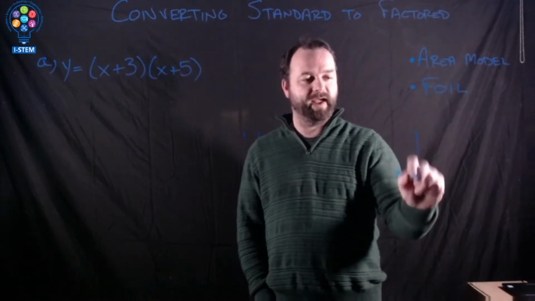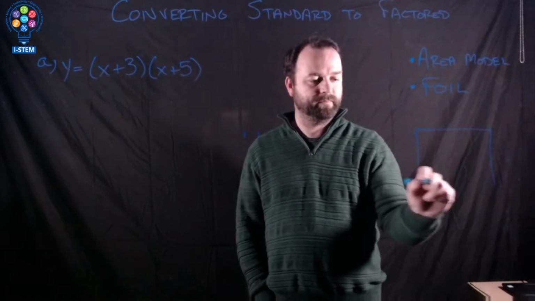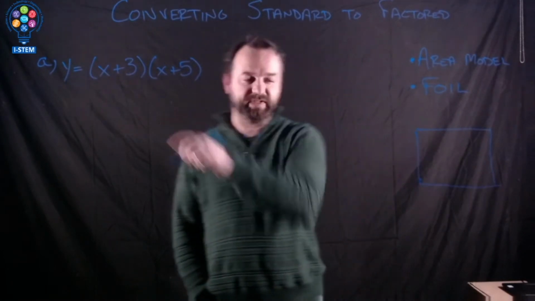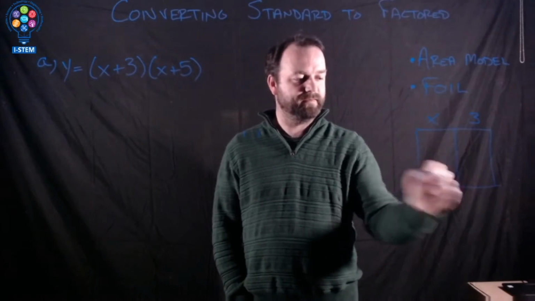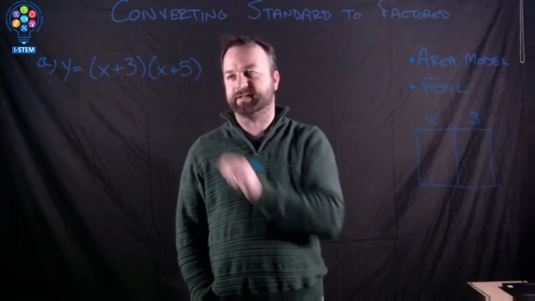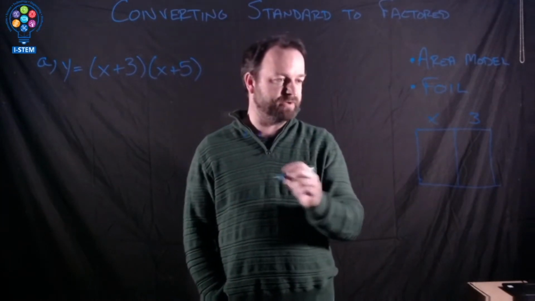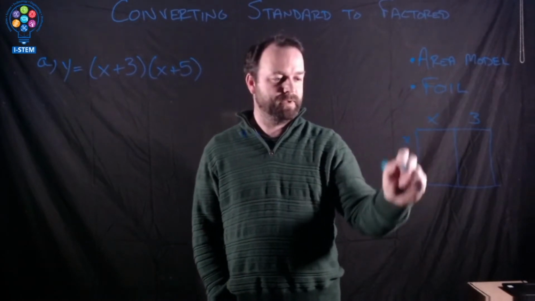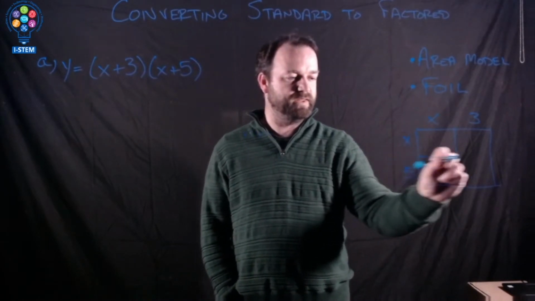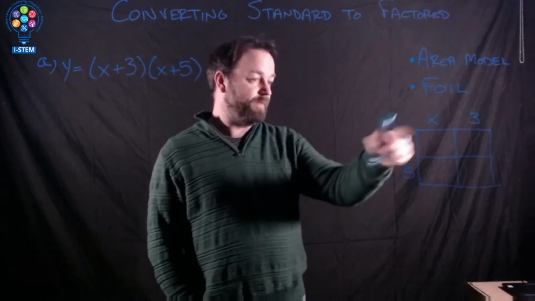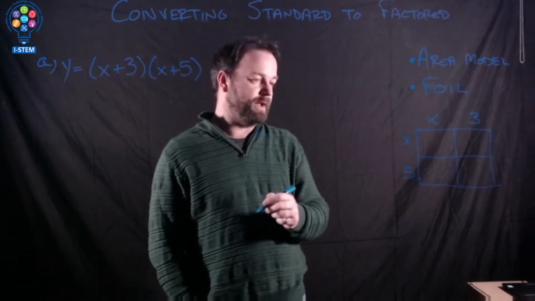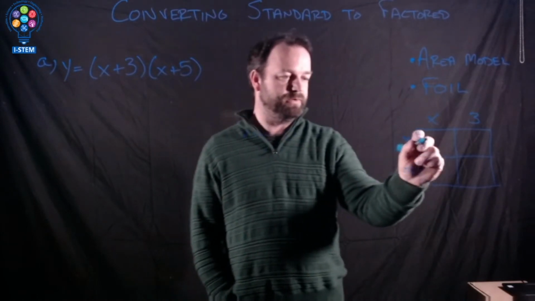So with the area model and this particular equation, let's say the length of a box represents the factor x plus 3, and the width of the box could be the factor x plus 5. And then from there, we're just doing some multiplying and manipulating to fill the box.